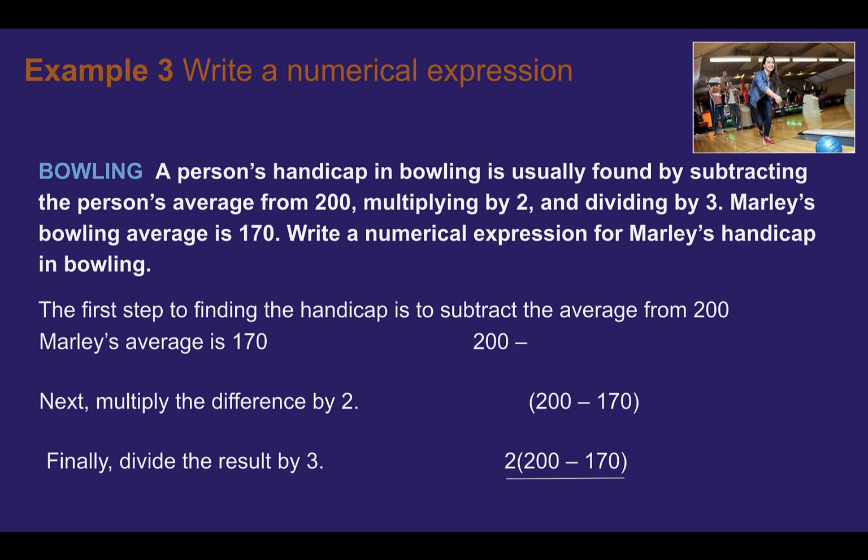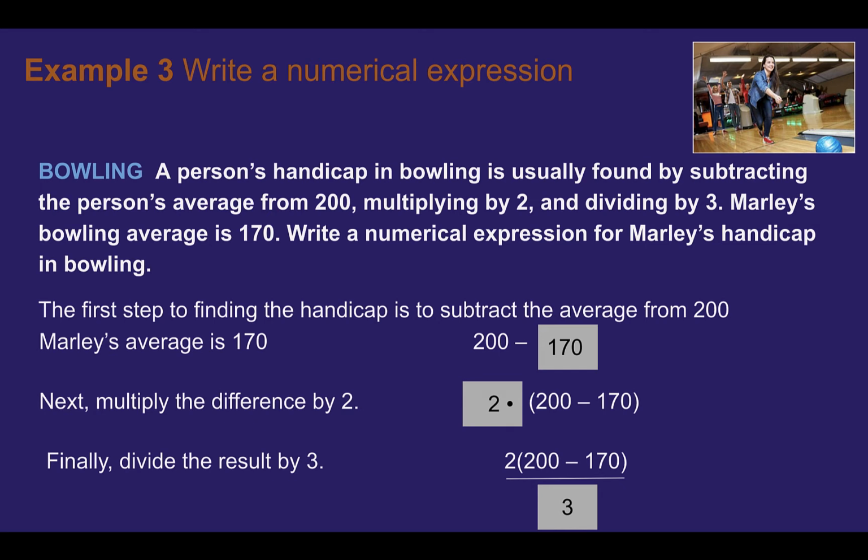So if Marley's average is 170, we're going to subtract that from 200. So 200 minus 170. Then we're going to take that and multiply it by 2. Notice in the next step, they put the 200 minus 170 in parentheses, indicating that should have been done first. Finally, dividing the result by 3, so here they made a fraction all over 3.